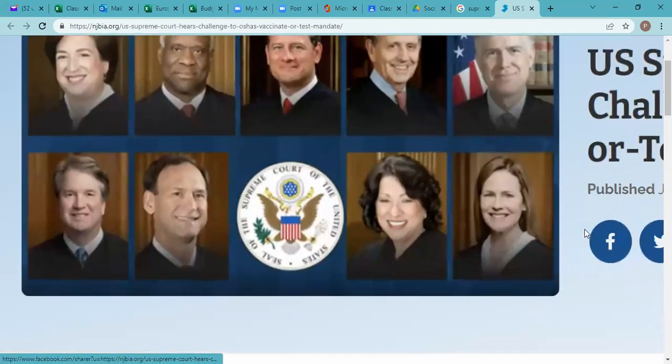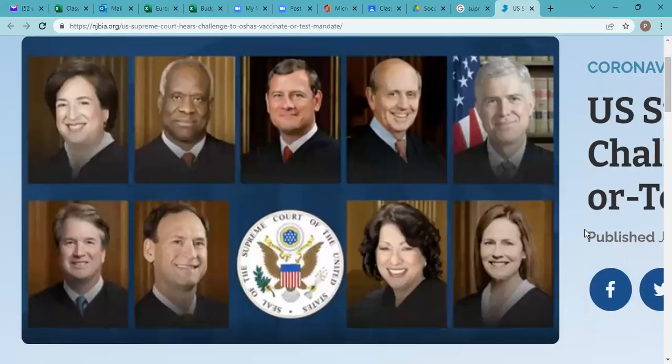All right, so there is Clarence Thomas in the upper left-hand corner. And I believe that the young lady in the lower right-hand corner, I don't remember her name, is the one that was nominated by Trump. And then the lady right to the left of her, she might be the only Hispanic, or there may have been 2 different Hispanic young women.